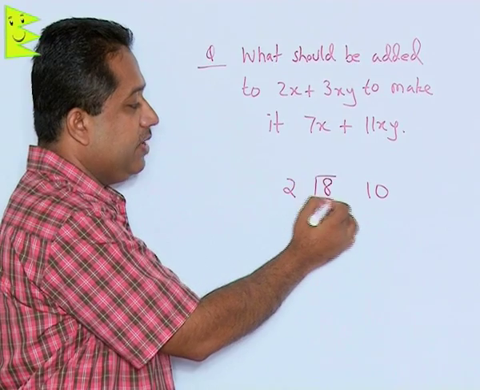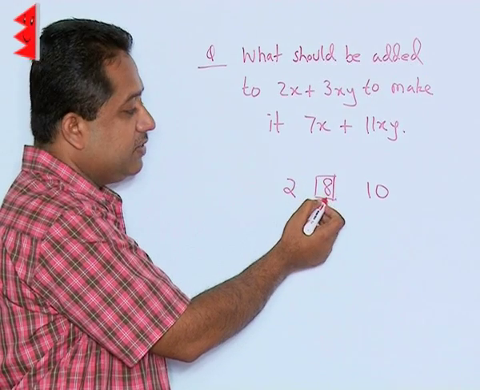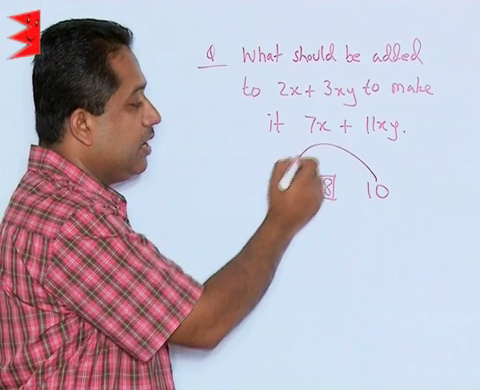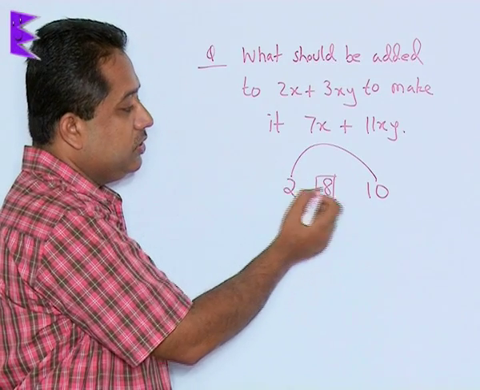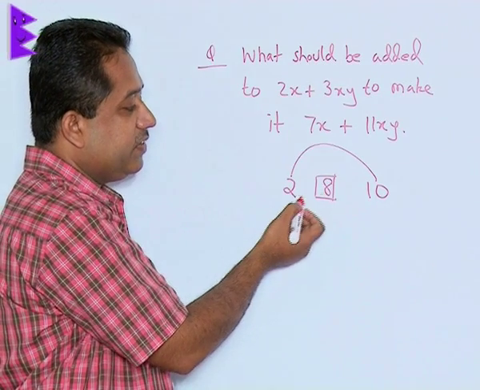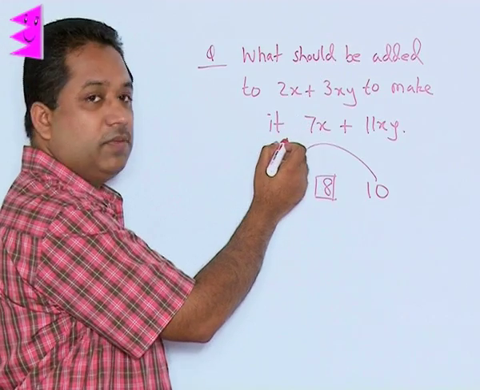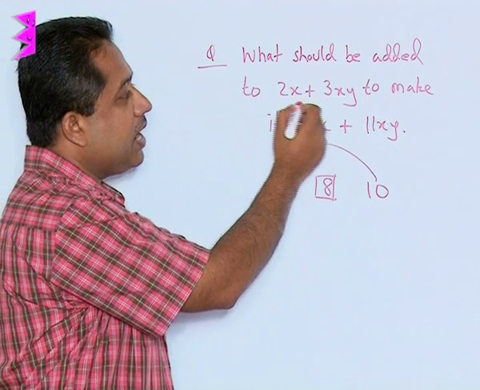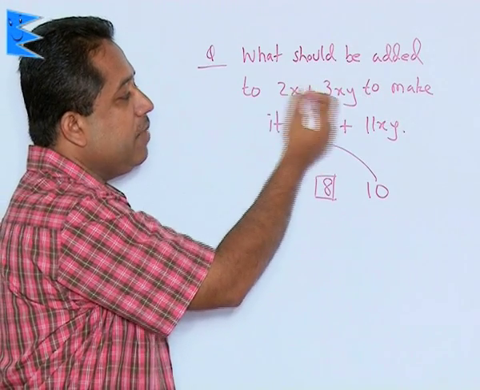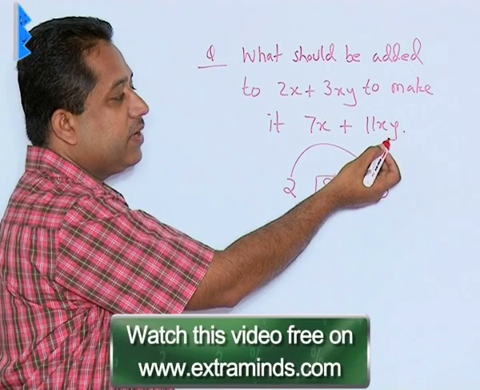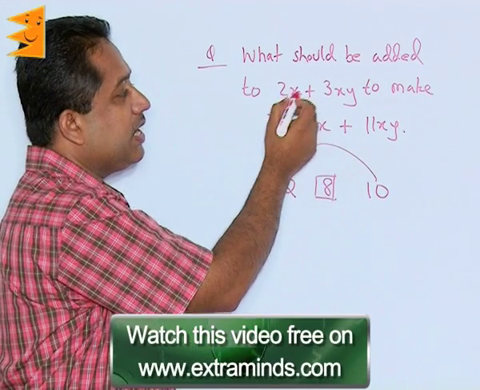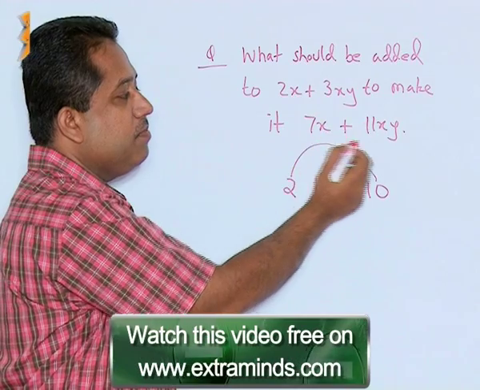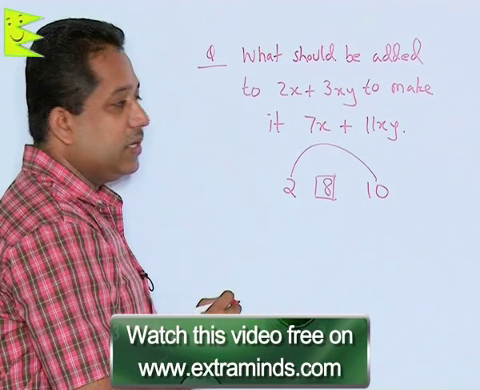Now, how do we arrive at this answer? We arrive at it by subtracting 2 from 10. Using this logic, we extend this concept of numbers to algebraic expressions. What should be added to 2x plus 3xy to make it 7x plus 11xy means we have to subtract 2x plus 3xy from 7x plus 11xy to get the answer.